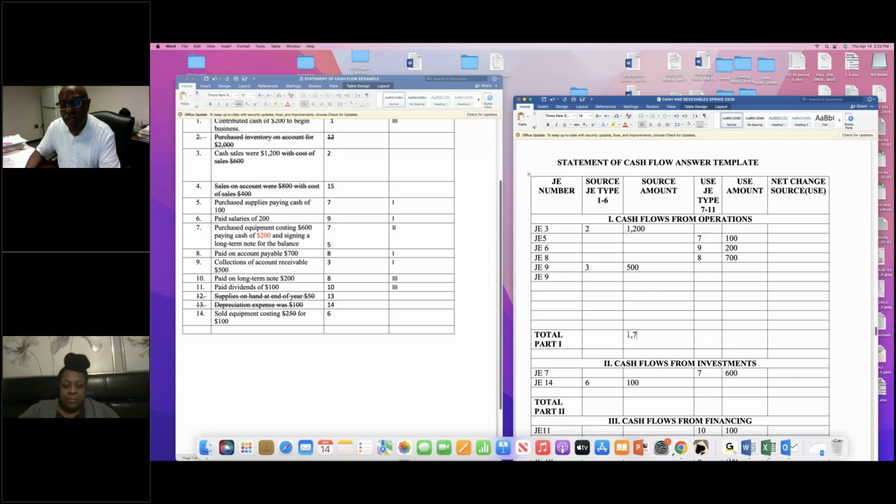The uses, we add them up, they are 1,000. So therefore, in Part 1, we have 700 in sources. That is the net change, the net source was 700. So 1,700 came in, 1,000 went out.